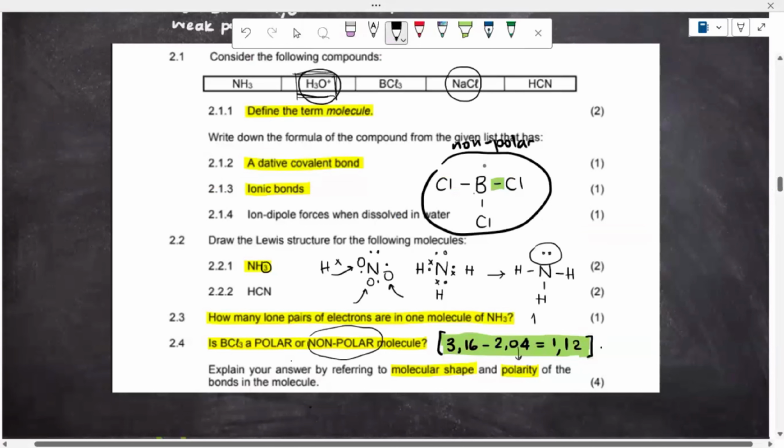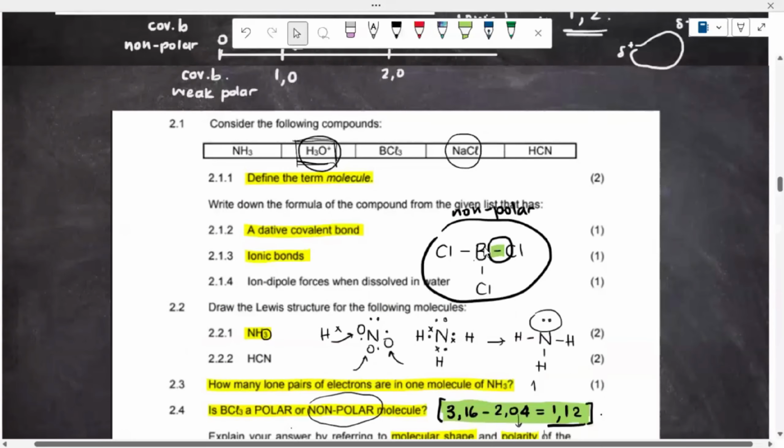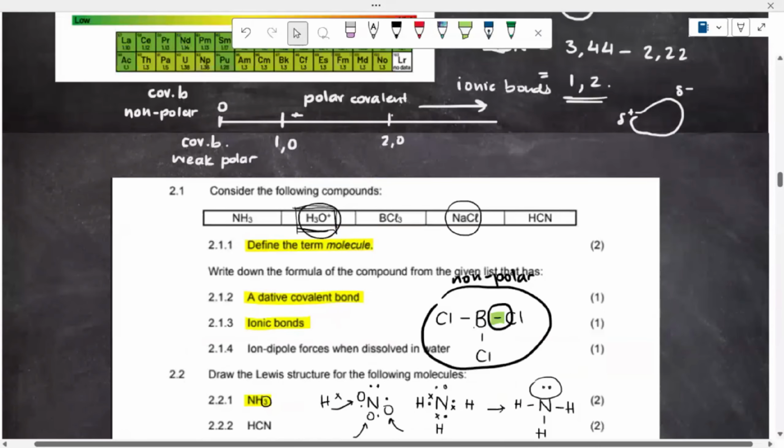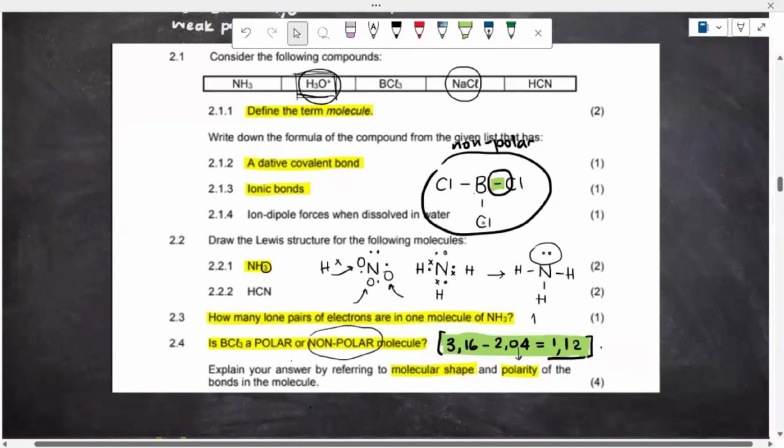But even a non-polar molecule can have polar bonds, right? Because here we calculated that it was 1.12. Remember, here, it falls within this range over here. So it's actually a polar covalent bond. But just because this specific bond is polar doesn't mean the entire molecule is polar.